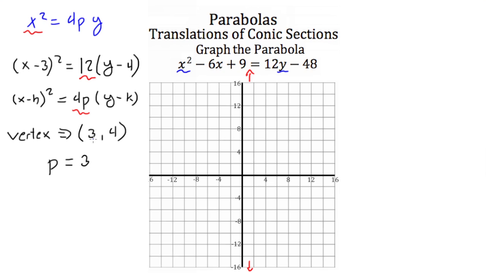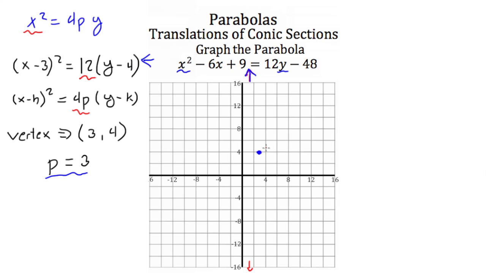So let's plot our vertex. 3, 4 is right about here. Now, none of these terms in this equation are negative, so our parabola is going to open in the positive y direction. And that means our focus, which is always on the inside of our parabola, will be above my vertex. And I know that it's 3 units away.